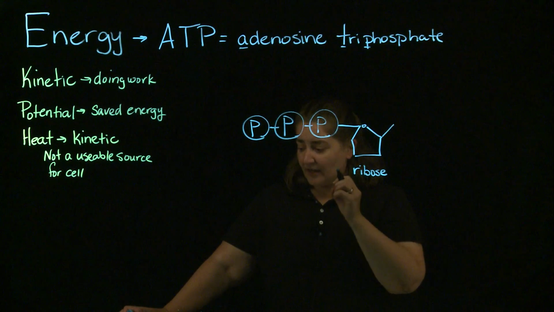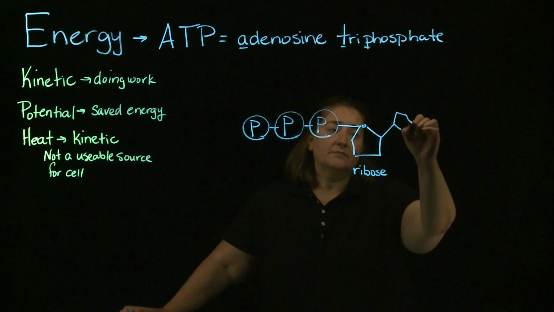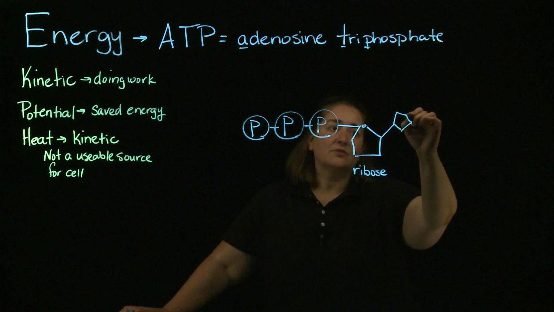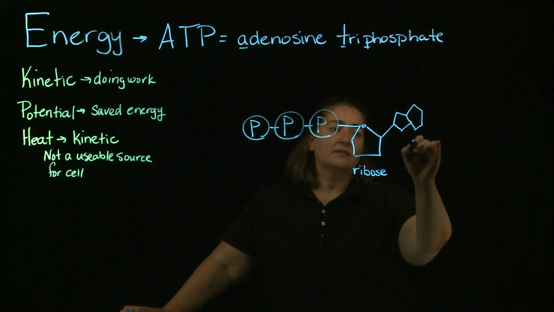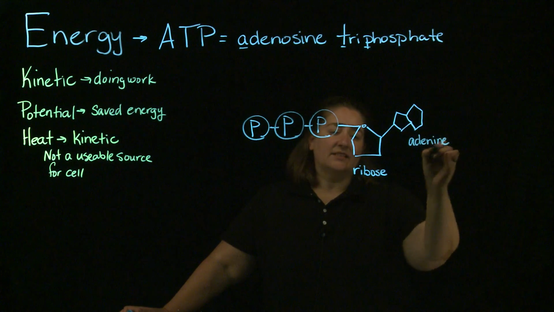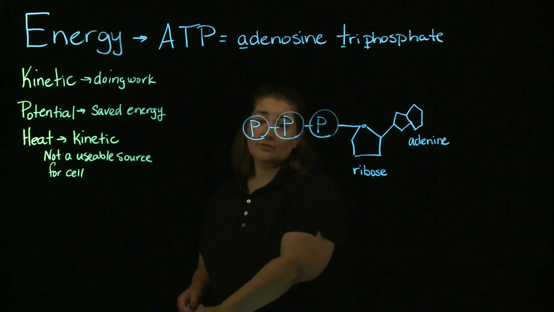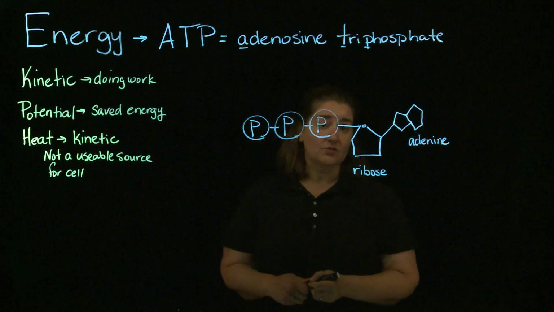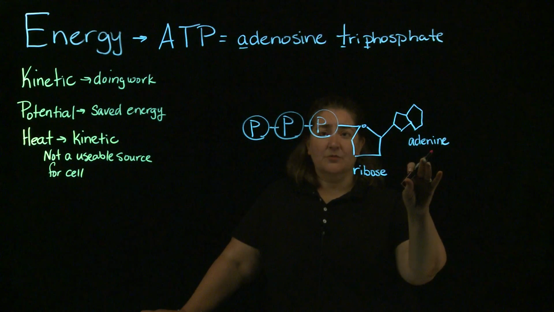And then associated with the ribose is an adenine. That adenine is one of our 4 bases associated with DNA and RNA, so that probably sounds familiar.